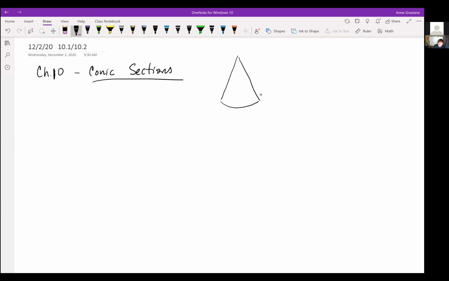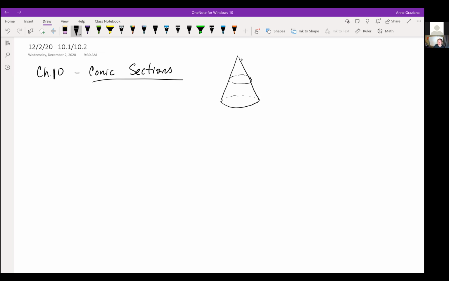So imagine like an ice cream cone. And you were to imagine like slicing it with a blade, okay? If I were to slice this across with a blade, the cross section, if I cut that in half, the cross section would be like a circle. Okay, you guys see that?